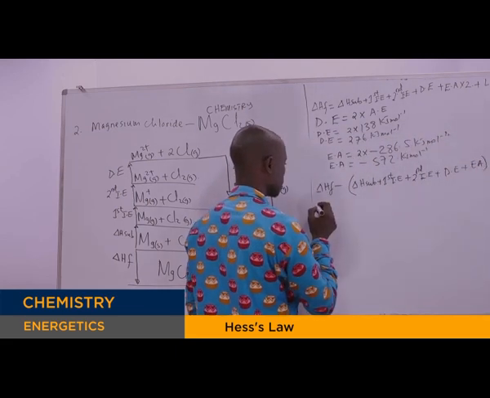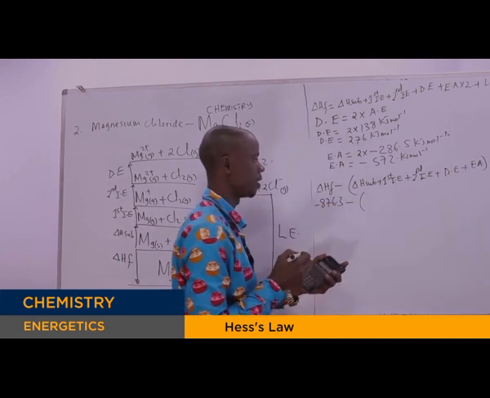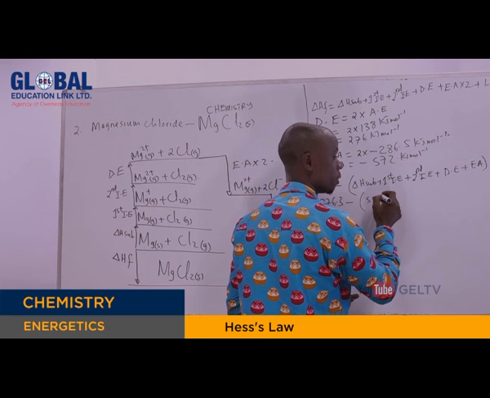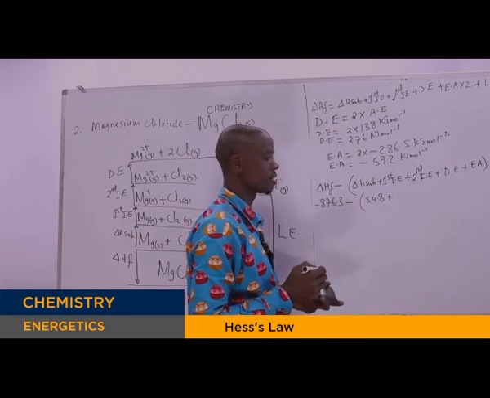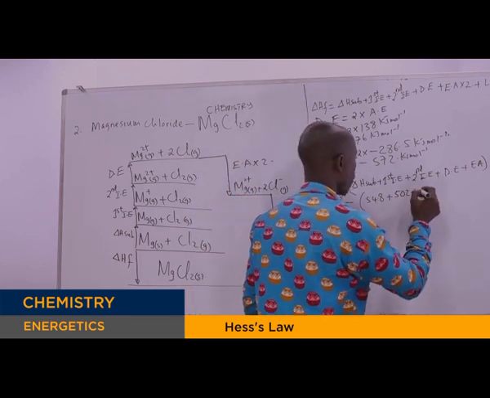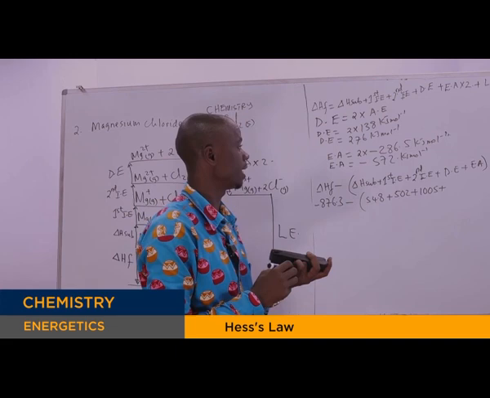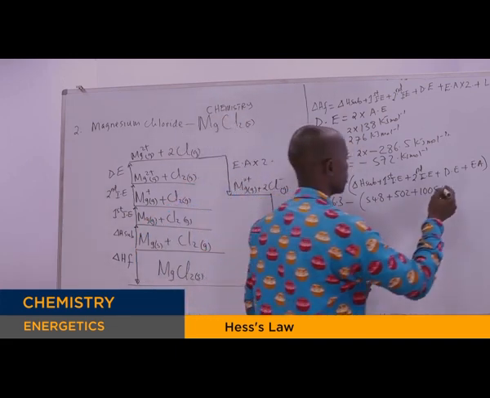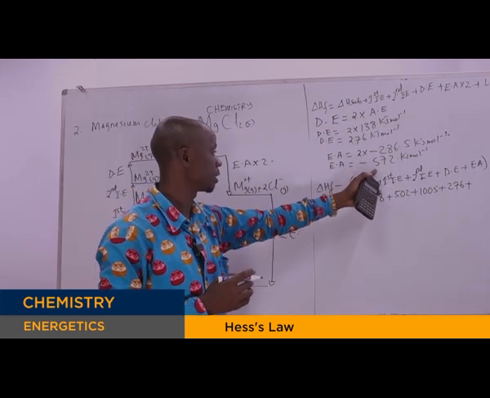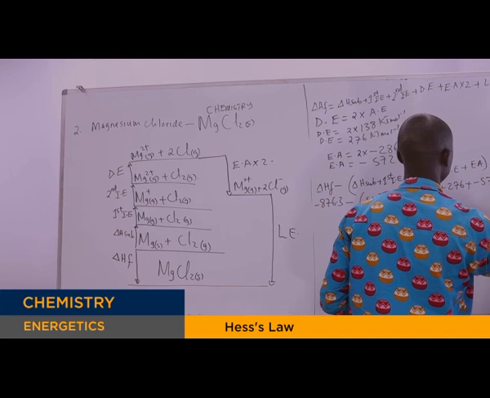The enthalpy of formation is negative 876.3 minus, in bracket, sublimation energy, you are given there positive 54.8 kilojoules per mole, first ionization energy 502, plus second ionization energy 1005 kilojoules per mole, plus dissociation energy you have already calculated here, it is 276, plus electron affinity you have already calculated here, negative 572 kilojoules per mole, is equal to lattice energy.